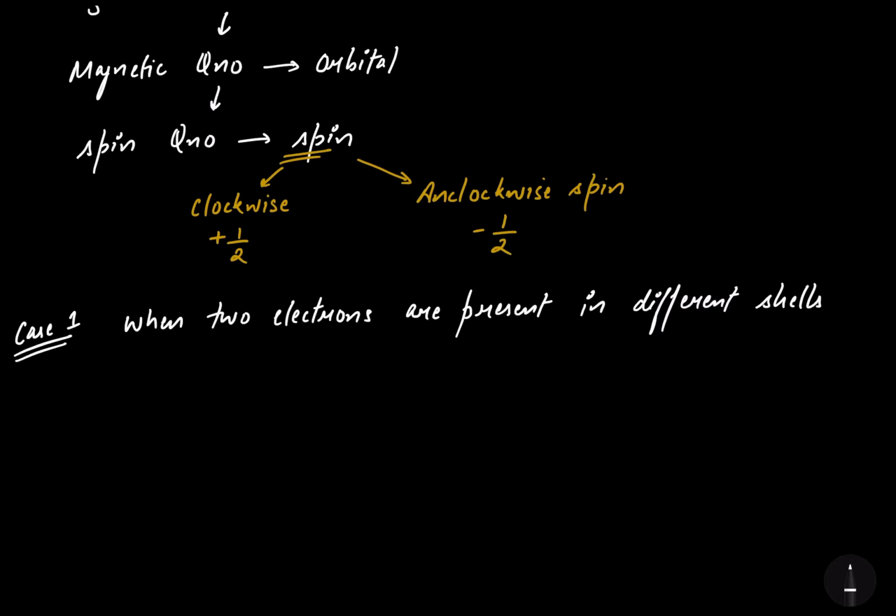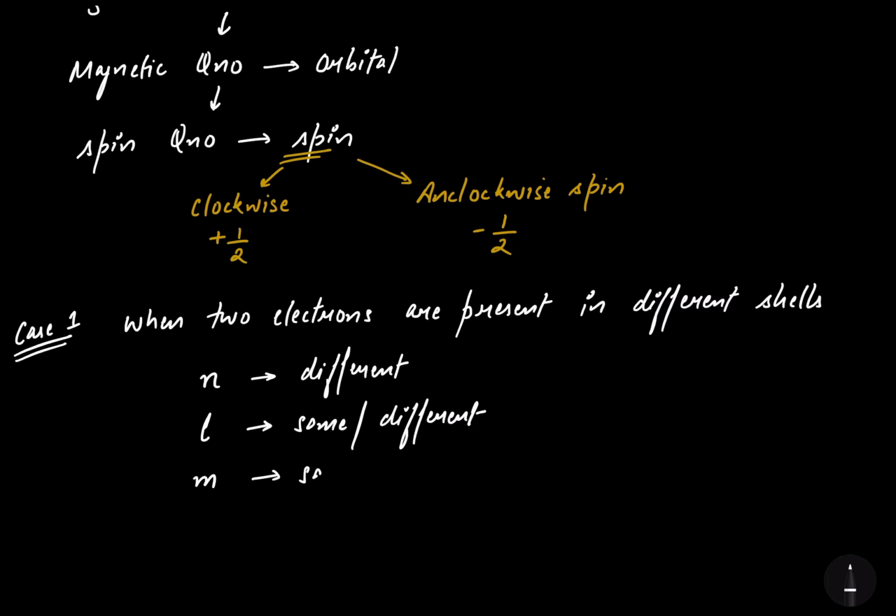Now the shell is represented by principal quantum number n, so n will be different for both the electrons. Now the azimuthal quantum number is represented by small l. The small l can be same or it can be different. Now let's talk about the magnetic quantum number small m.